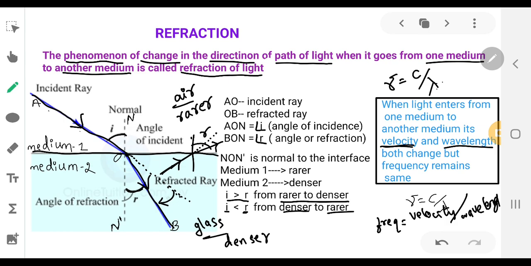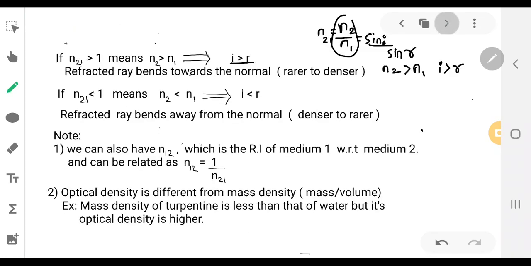I is greater than R ಅಂದ್ರೆ ray towards the normal bend ಆಗಕತ್ತೈತಿ. So when I is greater than R, refracted ray bends towards the normal. So the light is traveling from rarer to denser.